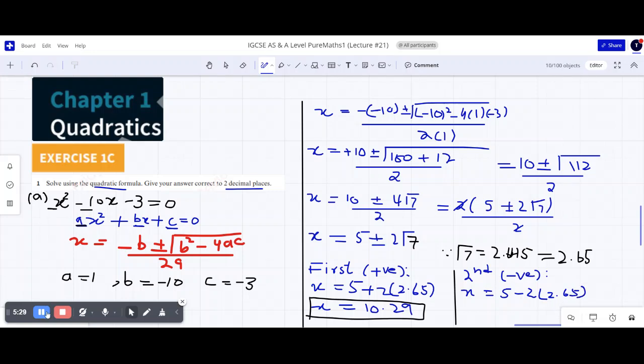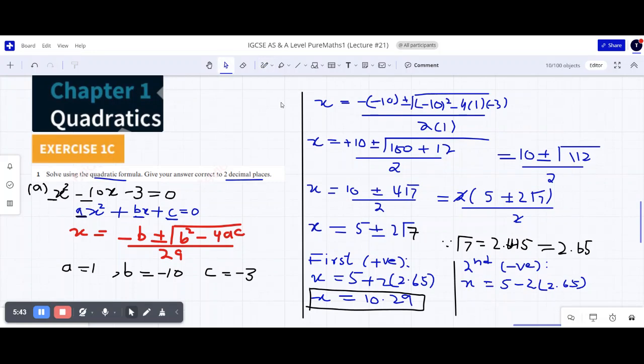After rounding, it would be equal to minus 0.29. We will get the negative value there. So x equals minus 0.29.